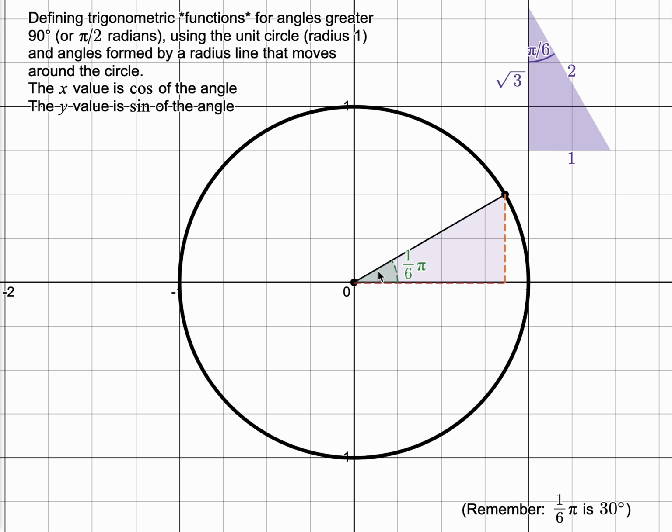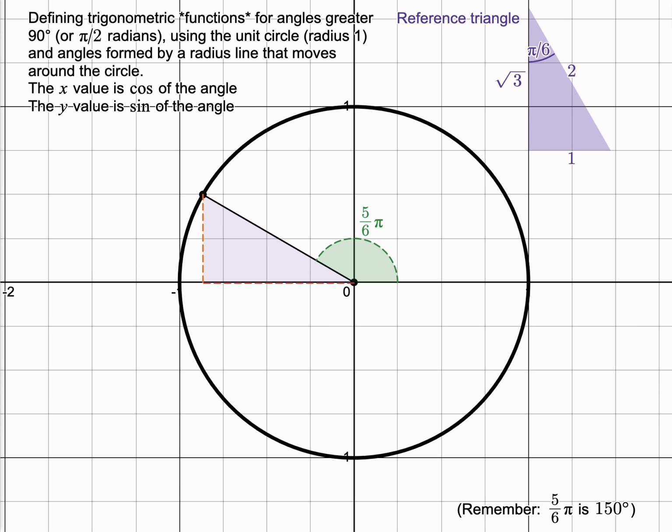This triangle here, I'm going to call my reference triangle. I'll just show you a few of those.